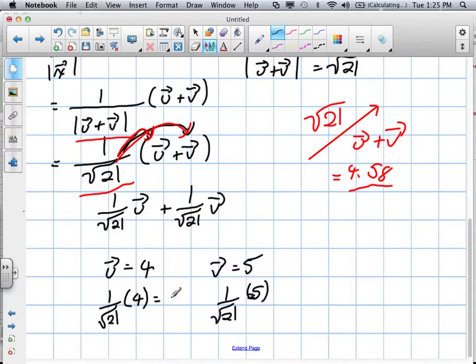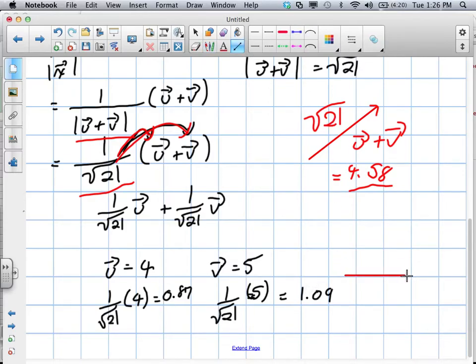That's going to be 4 divided by root 21, and I'll do it on the calculator for you. That's 0.87, and the other one is 1 divided by root 21 times 5, which is 1.09. Is that what you guys got? I guess I'm the only one doing it. Okay, that's fine. 1.09.